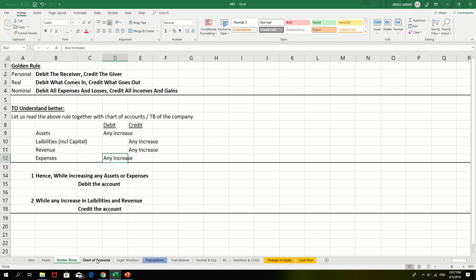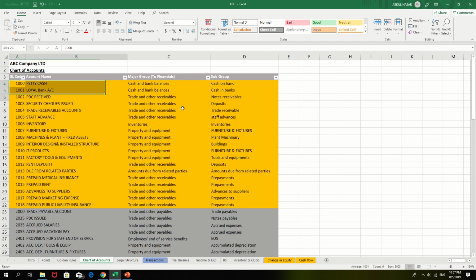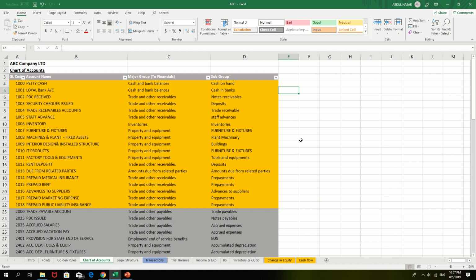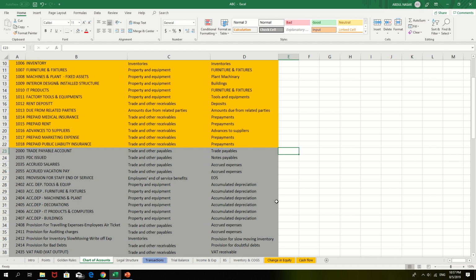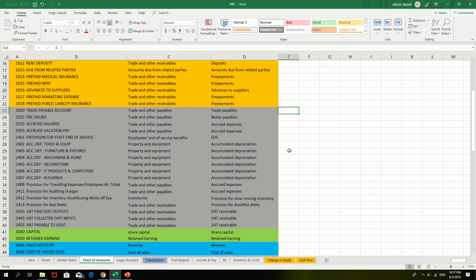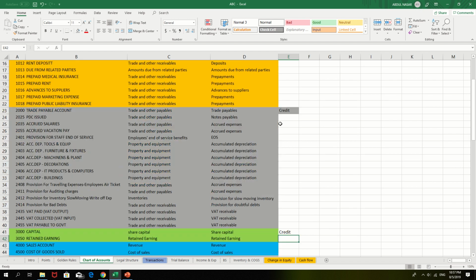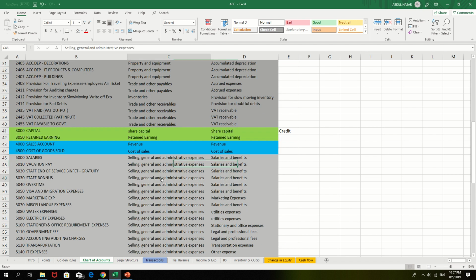So let us go back again. Let us see here. These are the asset accounts. Any increase in any one of these accounts, we have to debit. No doubt. Again here, all the liabilities, any increase in those liability accounts we have to credit. Here these are capital. Any increase in capital and retained earnings, we have to credit again.